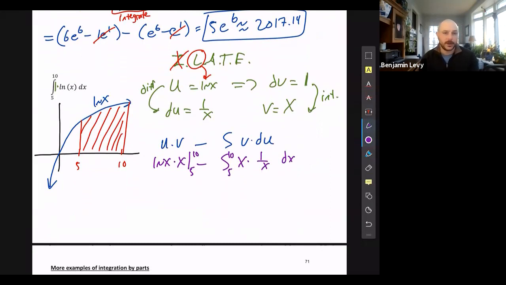So the x and the 1 over x cancel into the number 1. Maybe I should just write that step down, right? It ends up being just the integral from 5 to 10 of the number 1. And that's super easy, right? It just becomes x, and then you plug the numbers in.